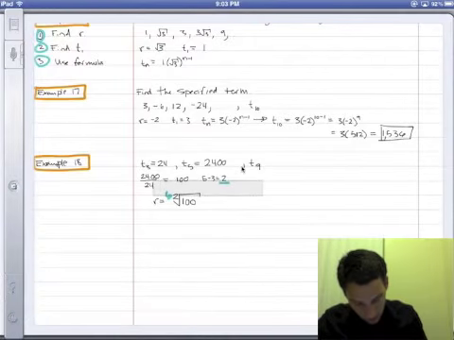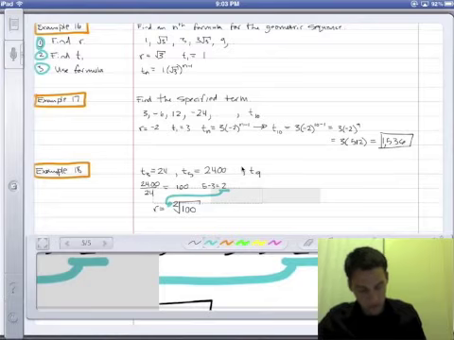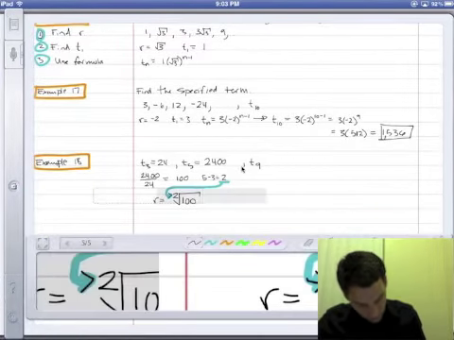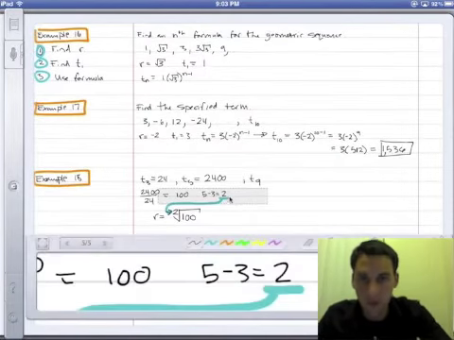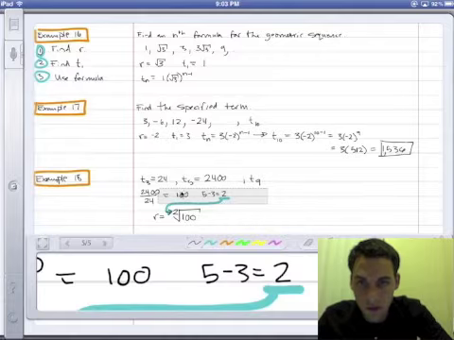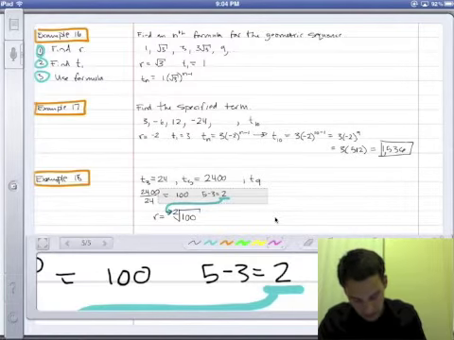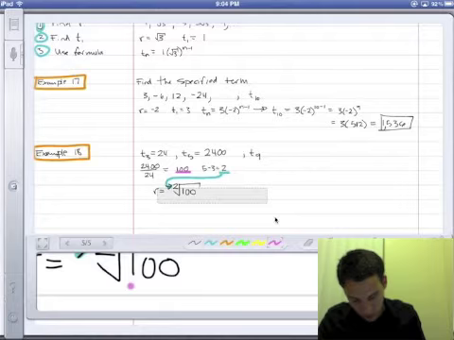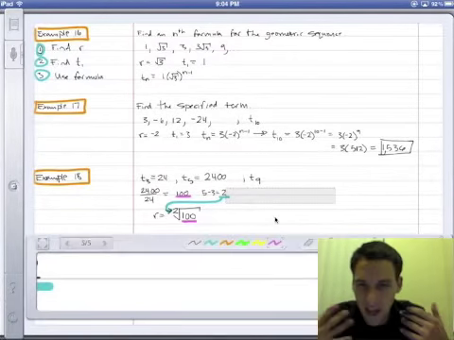It's an arrow, and I'm going to connect it. So that's where that 2 came from. This 2 goes here. This 100 goes here. Maybe I'll highlight that in pink. I like pink. And this pink goes right there. Okay? So that's how you get r.